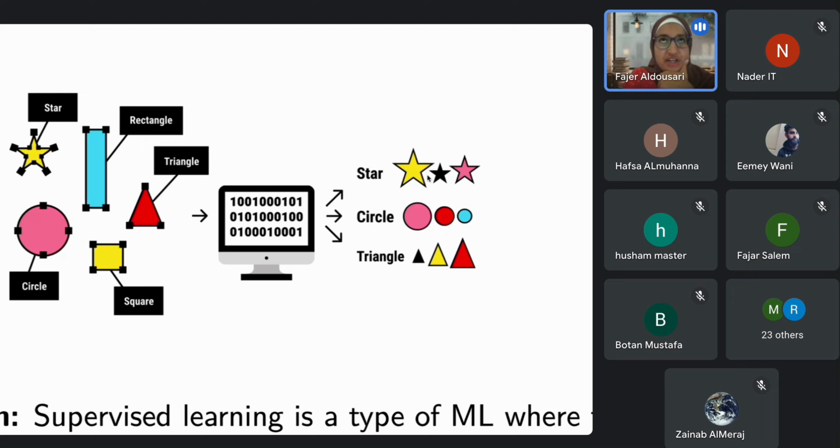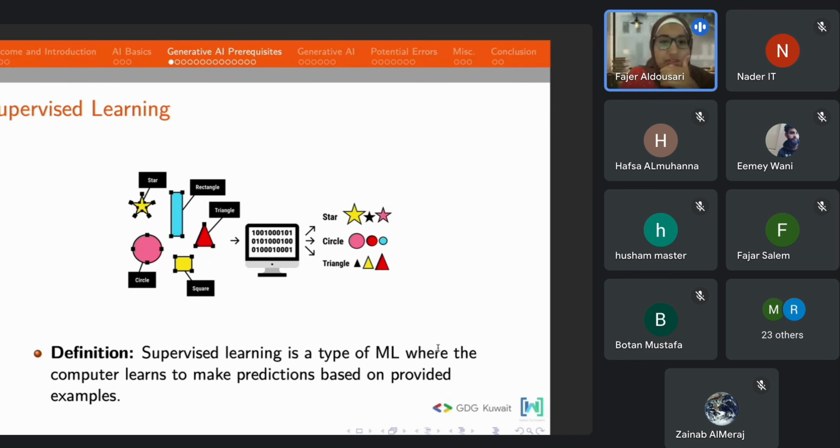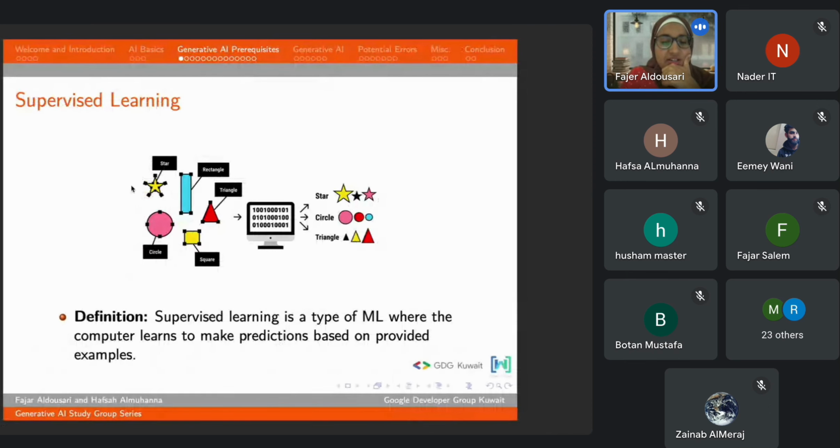We can provide different types of stars, and the computer will be able to recognize that it's a star. So this is supervised learning: when you input labeled data into your program.